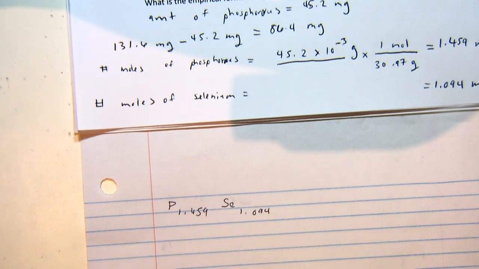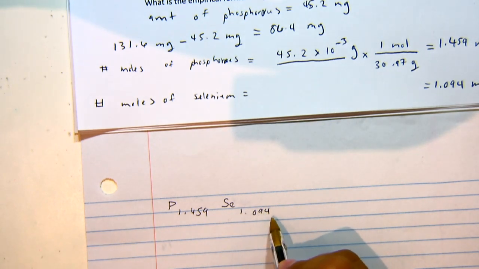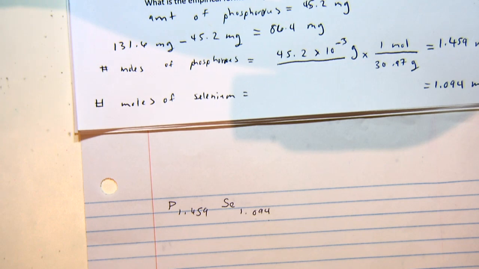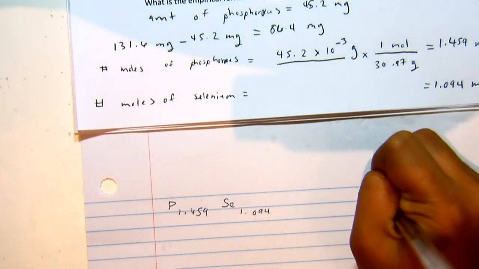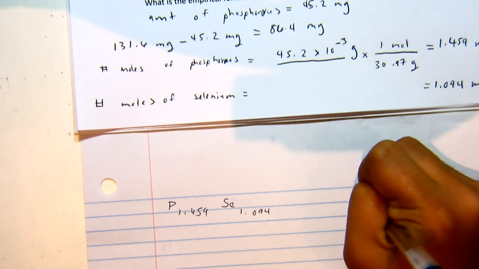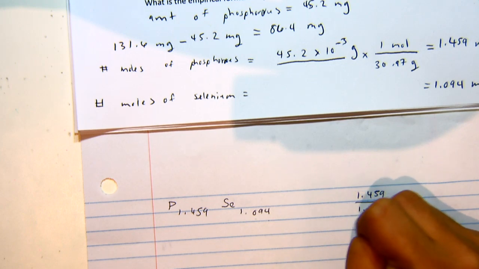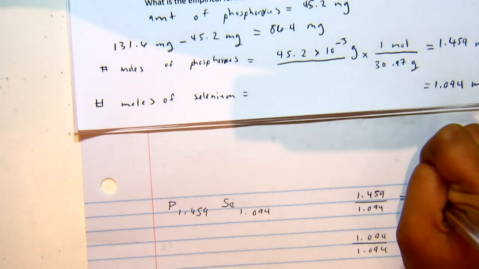So you're going to first take the ratio, and we have less selenium, so this is what's going to determine our whole number ratio. So do 1.459 divided by 1.094, and then the same over here. So here we're going to get 1, and here we're going to get 1.3.